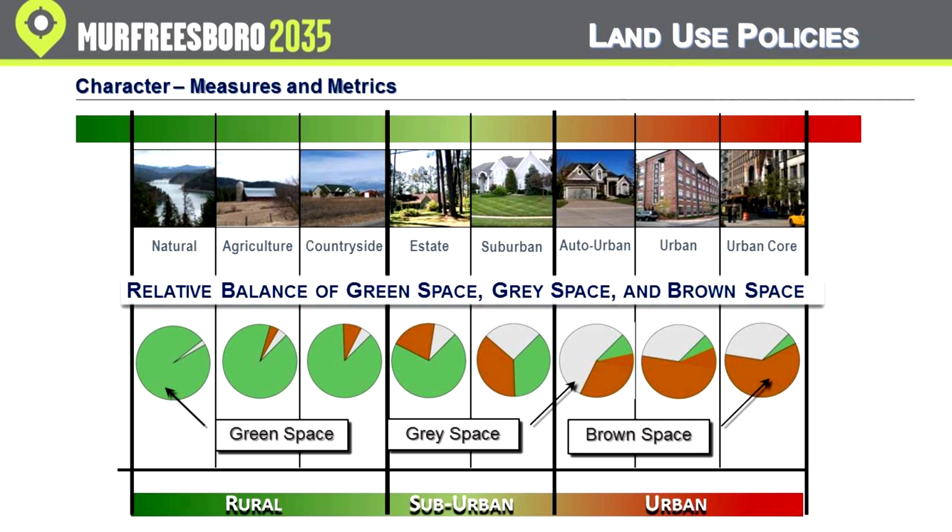In natural areas, it's predominantly all green space with a little bit of transportation corridors. But then in urban environments, your urban core, it's predominantly building mass, very little green, very contained green space, and a good percentage of gray areas, asphalt, concrete for transportation corridors. In between, in the suburban areas and the auto-urban areas, there is an abundance of gray area that basically surrounds your building mass, that kind of thing.